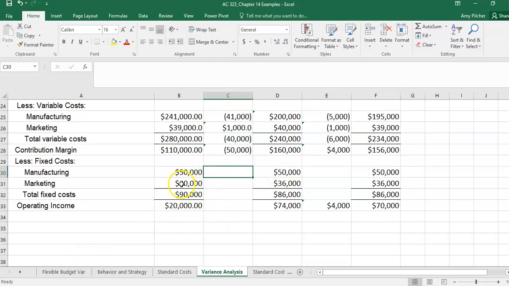Our fixed manufacturing costs were exactly the same. There's zero variance there. We have a $4,000 unfavorable variance in our marketing costs. We spent $4,000 more than we intended.